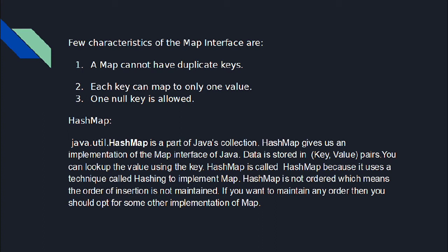Now that brings us to our next concept, which is hash map. Java.util.HashMap is a part of Java collection. HashMap gives us a way to implement map interface in Java. It is one of the most used map implementations in Java. It gives us a way to store our data in key value pairs inside the object.